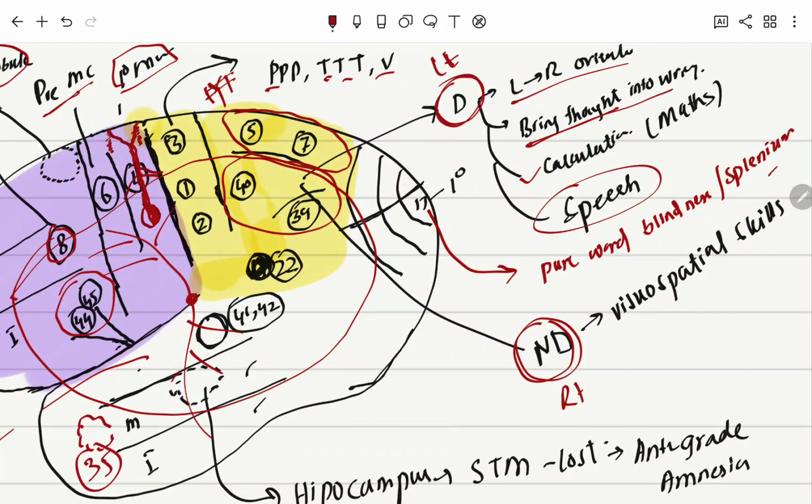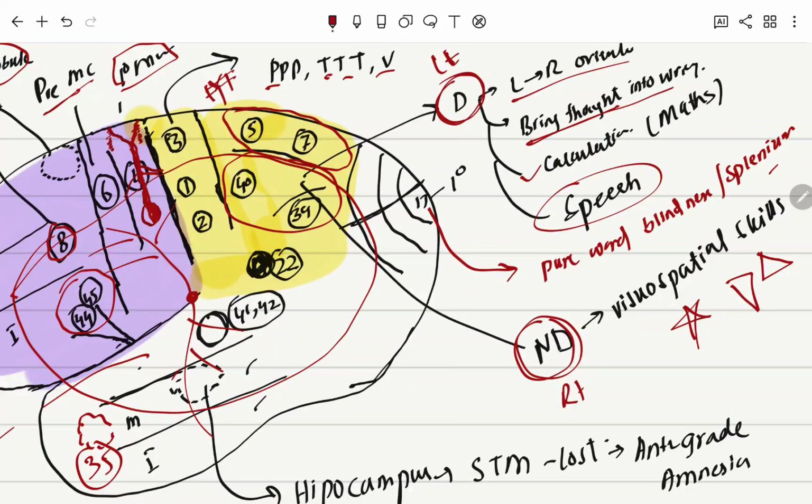The non-dominant side is responsible for visuospatial skills. If we ask the patient to draw structures like a star, he's going to first look at it, then understand, then draw.